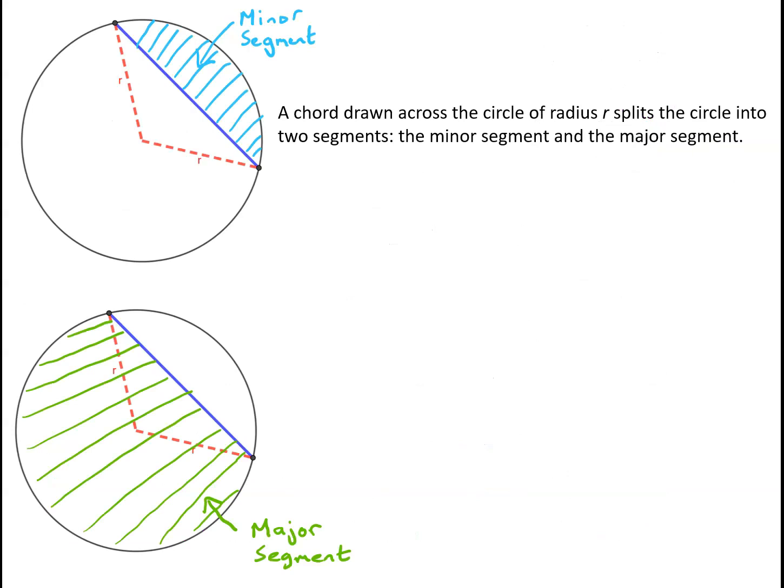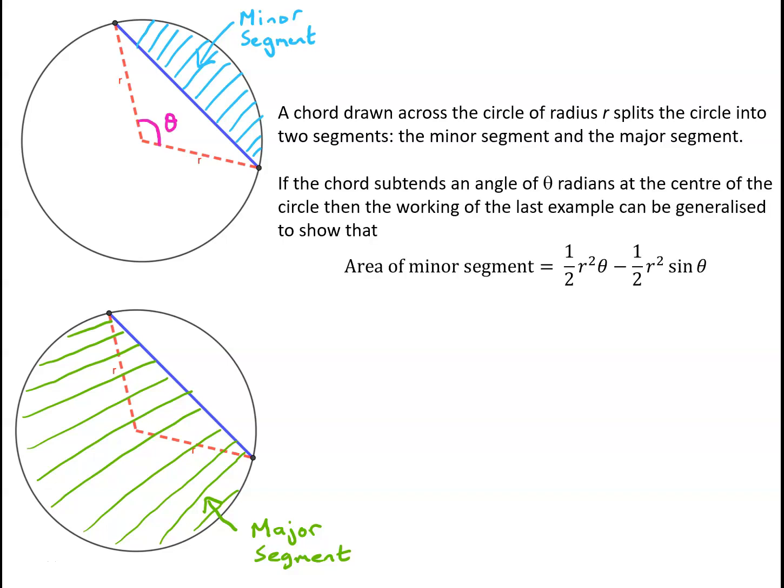When we're looking at segments, as we were in that last example, a chord drawn across a circle of radius r splits the circle into two segments: the minor segment, or the smaller segment, together with the major segment, which is the rest of the circle other than the minor segment.